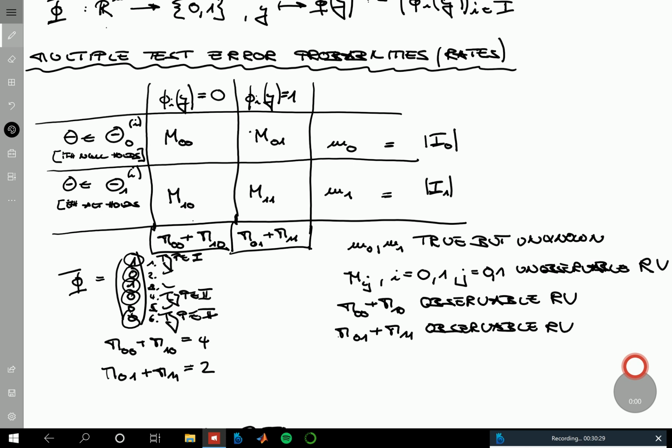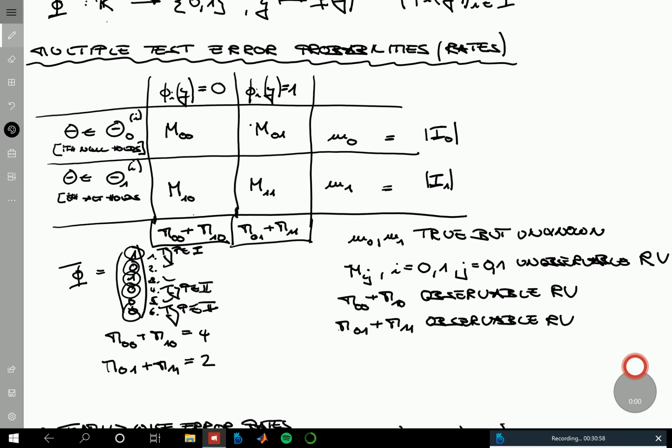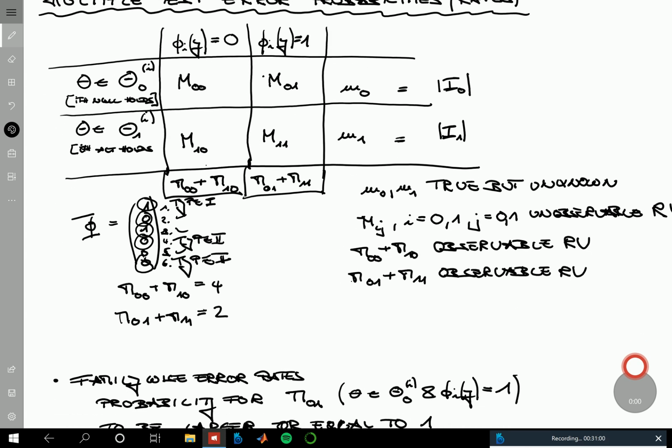What this also implies, if you remember type 1 and type 2 error rates in the single test scenario, is that if you talk about the probability for detecting an effect if it's really there, the complementary probability to a type 2 error, then if you have multiple test error probabilities, you also have multiple complementary type 2 error probability rates, meaning you have multiple types of power.